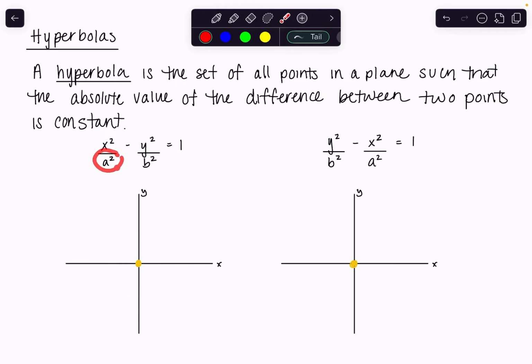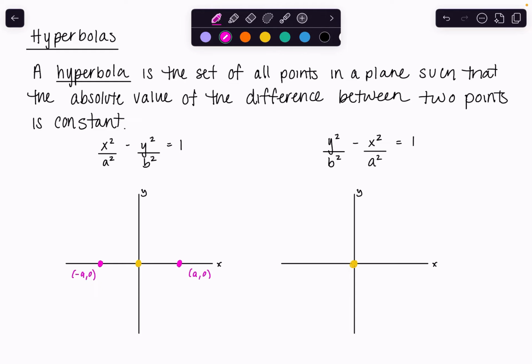I really just need to go out the distance in the way that the hyperbola is going to open. So in this case, since I open in the x direction, I'm going to go out a distance of a. So this point here would be (a, 0), and this point back here would be (negative a, 0).